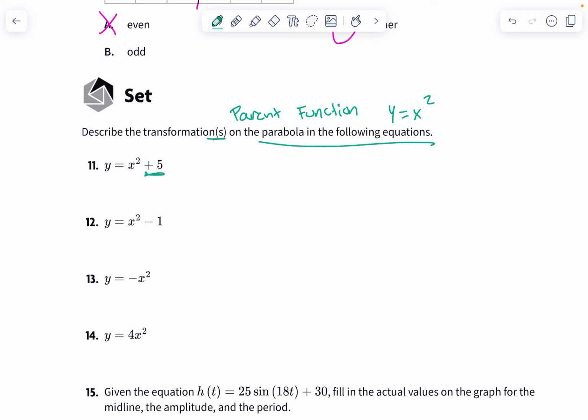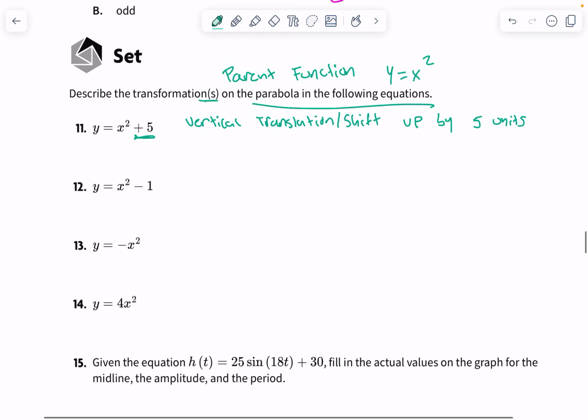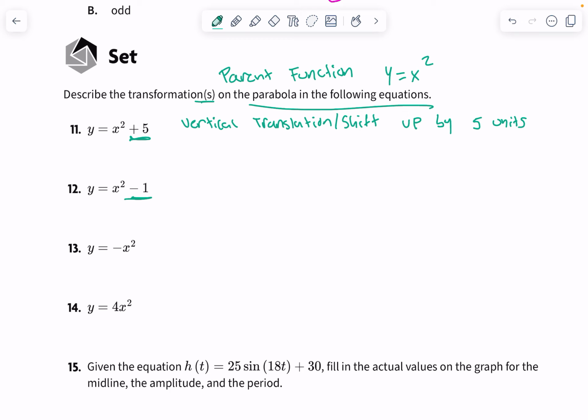What does that mean? There is a vertical translation or a shift up by 5 units. Okay, cool.